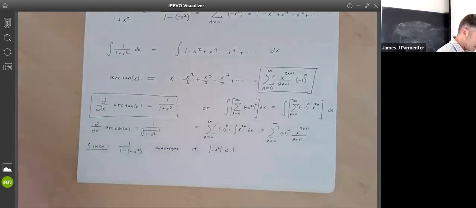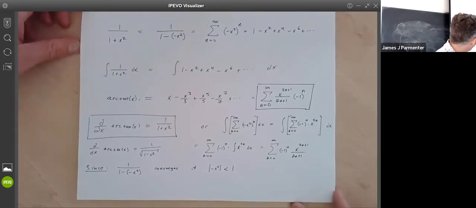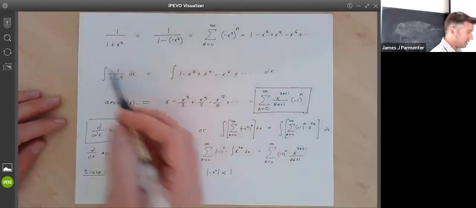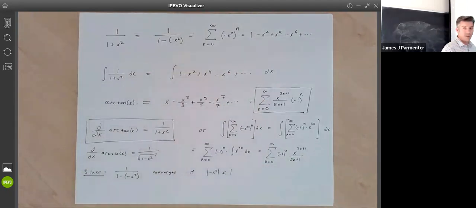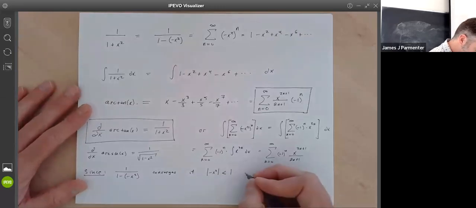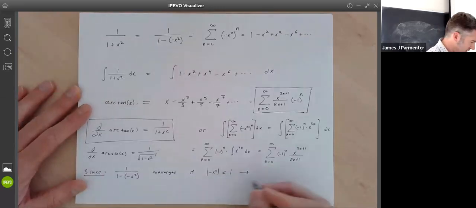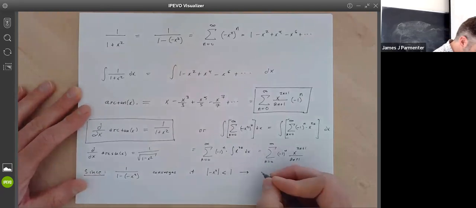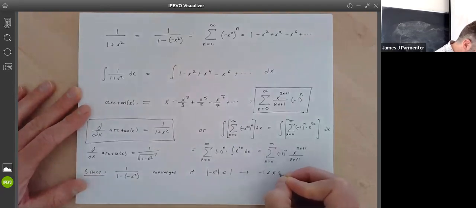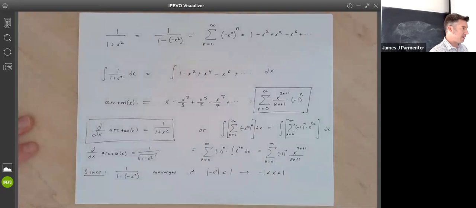And that's always the nice thing about looking at something like this: you can just say, hey, my ratio has to be between -1 and 1. There's no other choice. That's geometric. A geometric series only converges if the ratio is between -1 and 1. So that means x has to be between -1 and 1. x can't be 1, x can't be -1, x can't be any bigger than that or any more negative than -1.